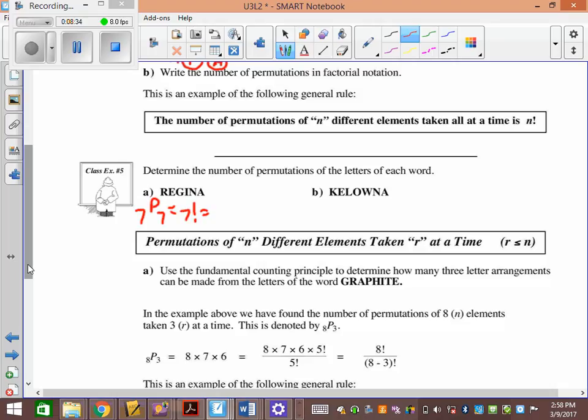Which is 5040, I think. Regina, Regina's how many letters? 6. 6p6, or 6 factorial, which is 720. Kelowna would be 7p7, or 7 factorial, or 5040, I think.